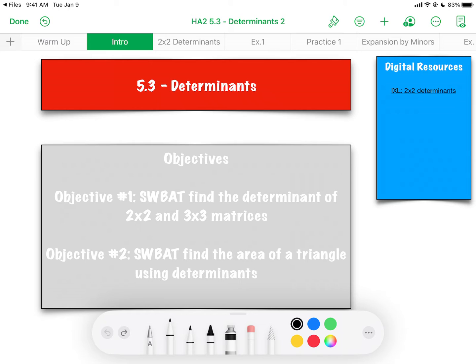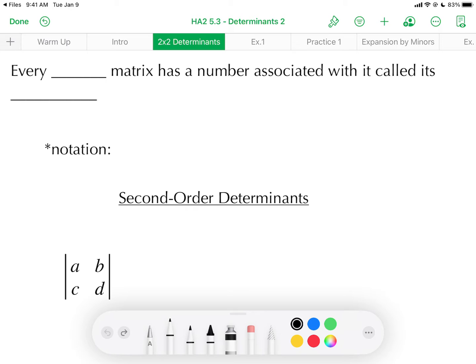Okay, so we're looking at what it means to find the determinant of a matrix. So let's get right into where it says 2 by 2 determinants.